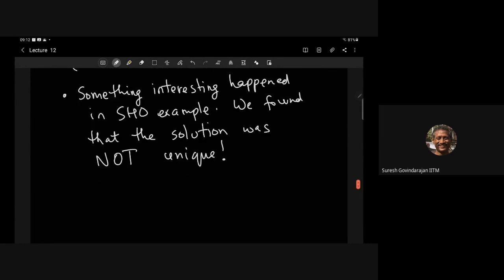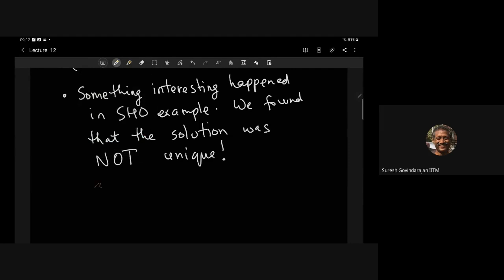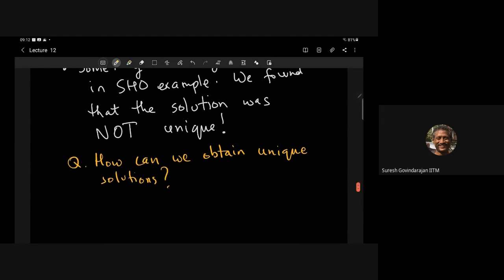Okay, but we would like to make the solution unique. So this is the question. Any ideas?